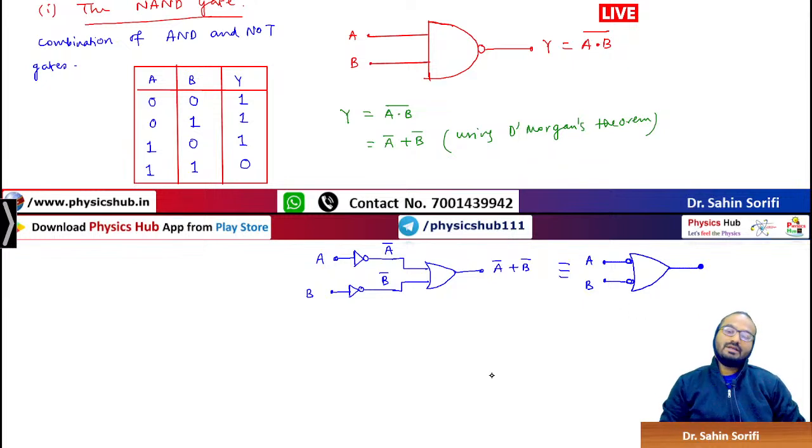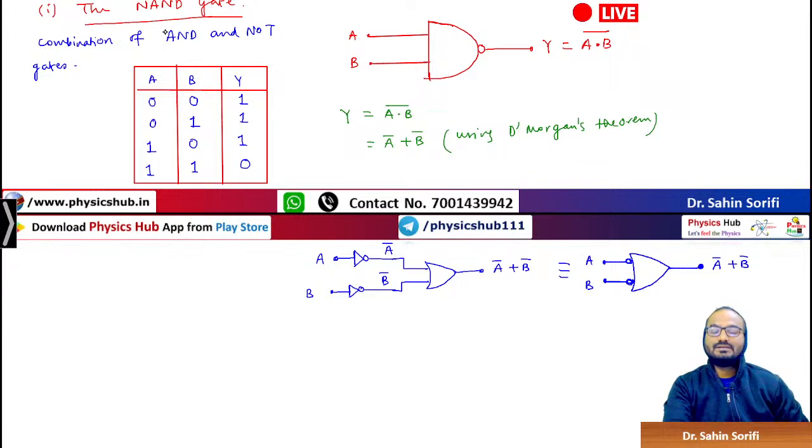So, these two are equivalent. This is also A complement plus B complement. So, what can we say about the NAND gate? Look, if these dots or bubbles were not there, it is simply an OR gate, right?